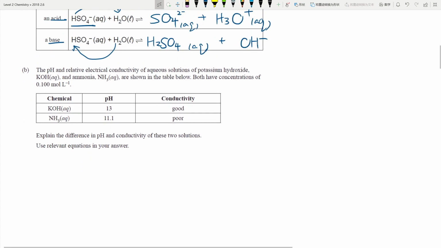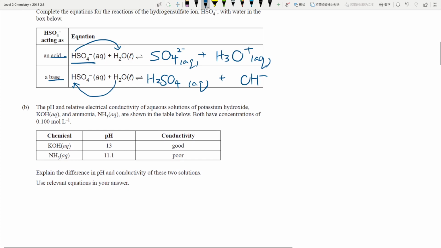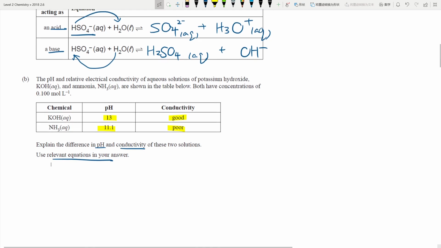And let's look over here, the pH of the solutions showing below. Okay, so we got the pH here, and we got the conductivity of electricity. So explain using the difference in pH and conductivity, use relevant equations. So we can scroll down a little bit.